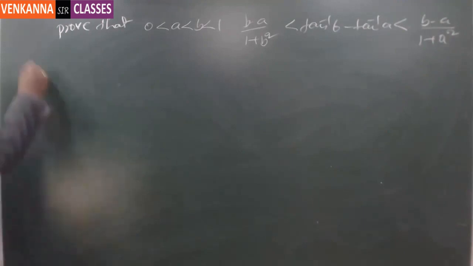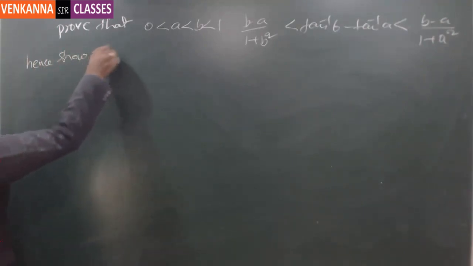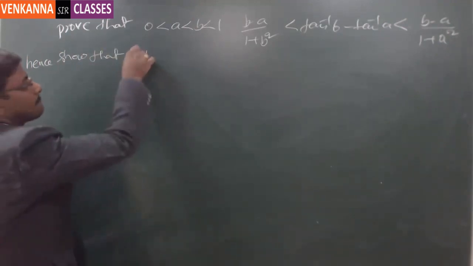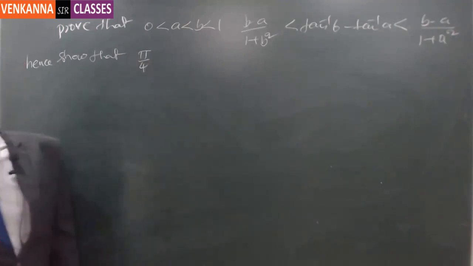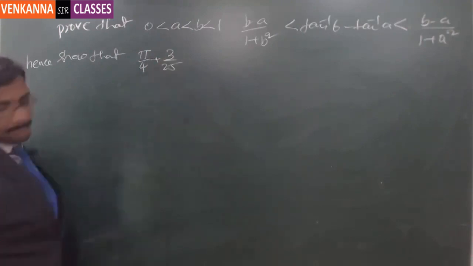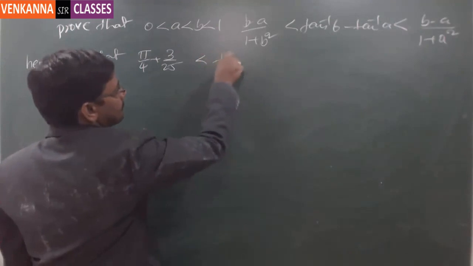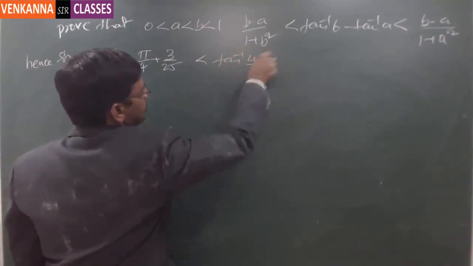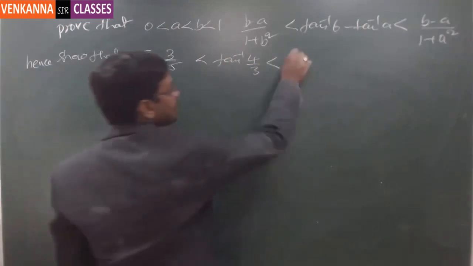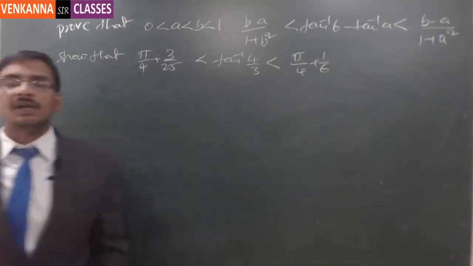Hence show that pi by 4 plus 3 by 25 is less than tan inverse 4 by 3 is less than pi by 4 plus 1 by 6. Can you prove this? So this kind of questions can be asked.